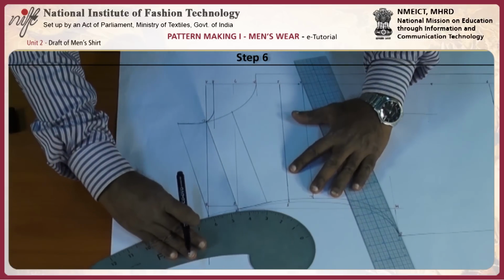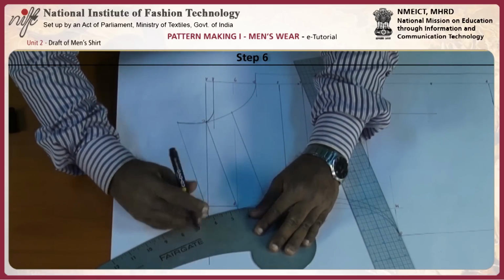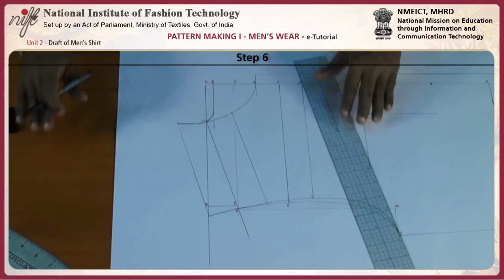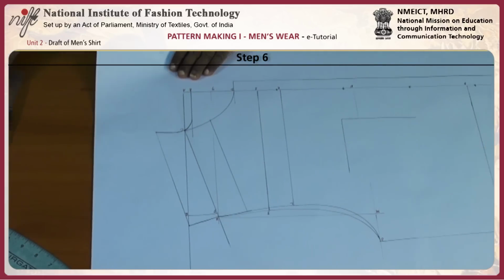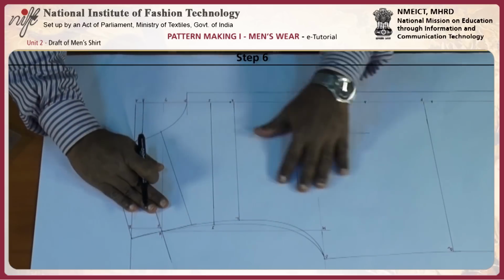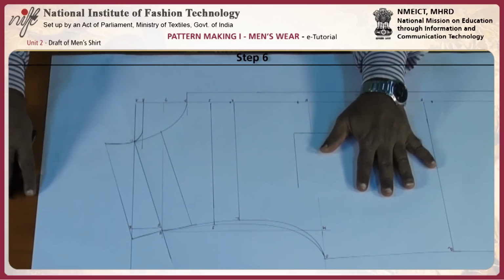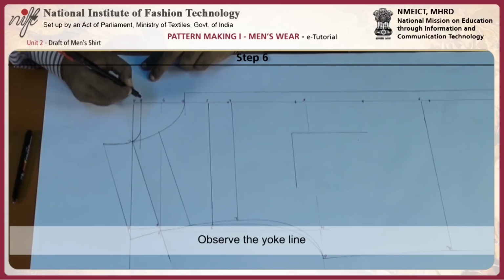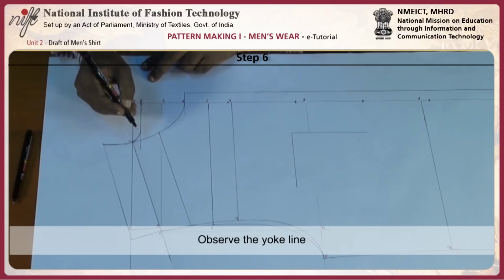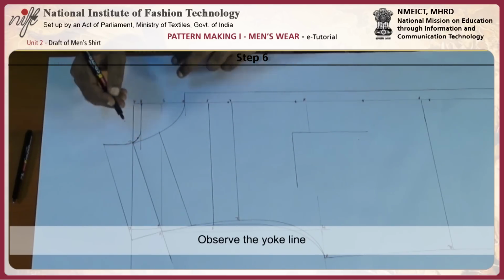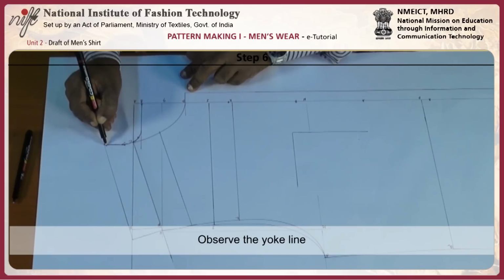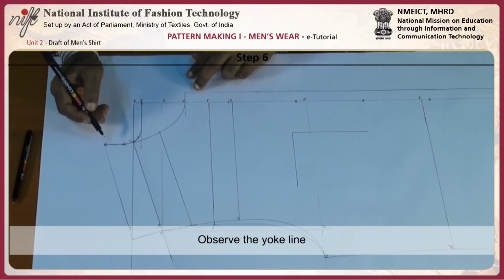Then coming to the shoulder tip, which will be like this. Now I have a yoke portion starting from here, continuing to this and continuing to this and here ends.